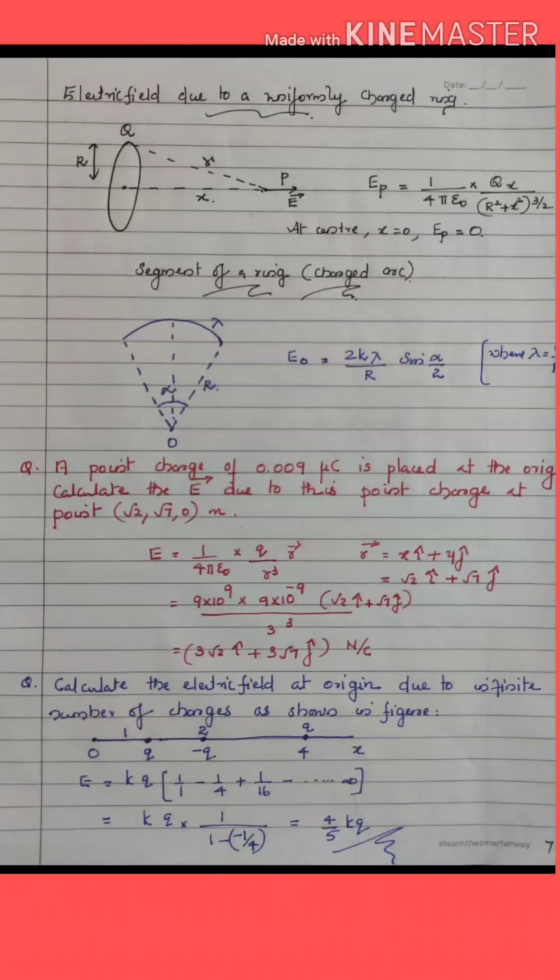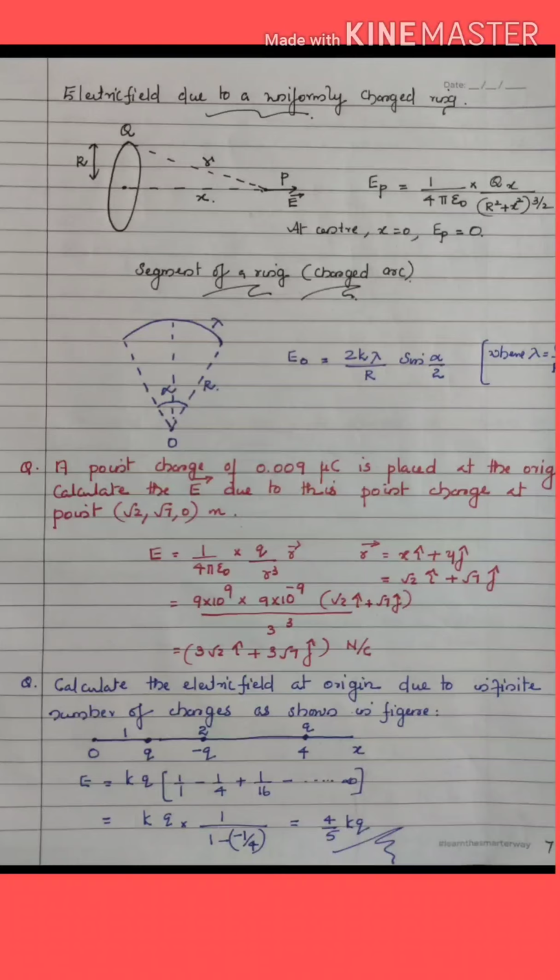So here Q, minus Q, Q, minus Q, alternate negative charges are at separations 1, 2, 4, 8, 16 like that. So that is a very important one.